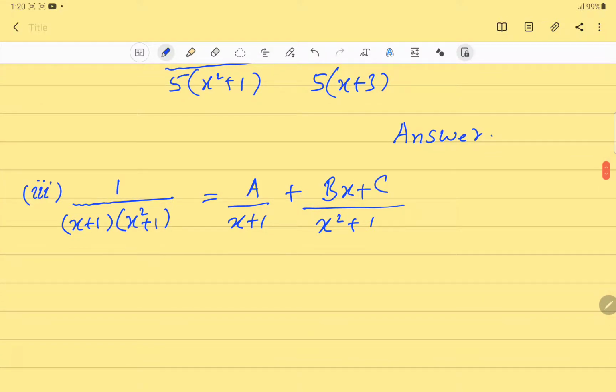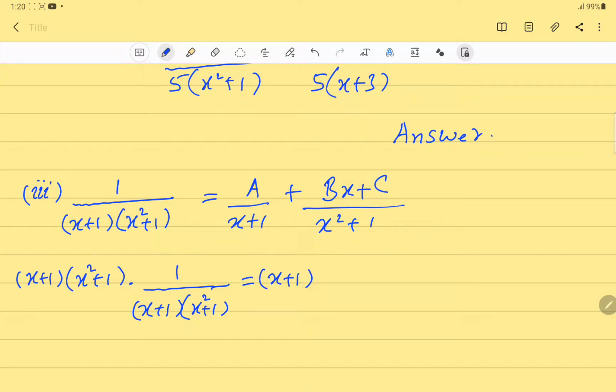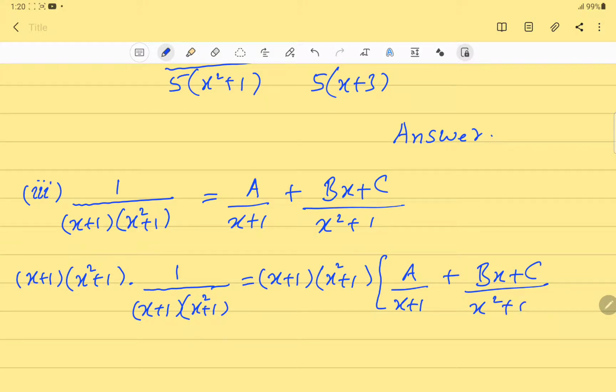Now we multiply both sides by x plus 1 into x squared plus 1. 1 over x plus 1 into x squared plus 1 is equal to x plus 1 into x squared plus 1, A over x plus 1 plus bx plus c over x squared plus 1.